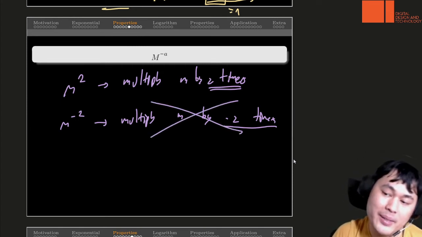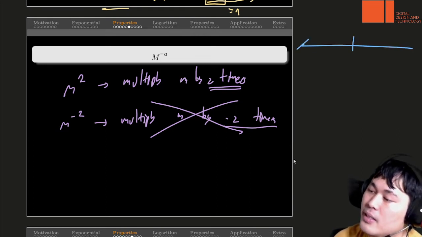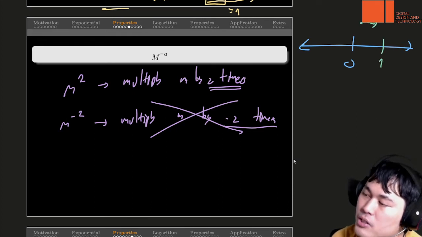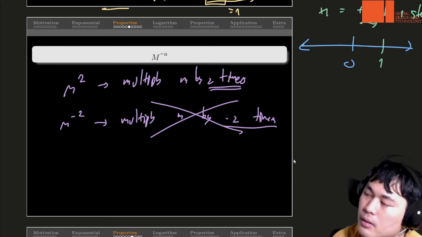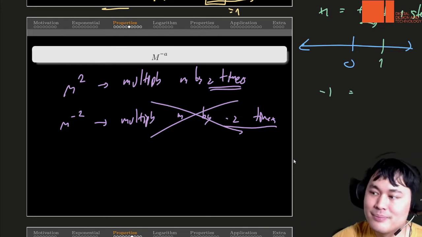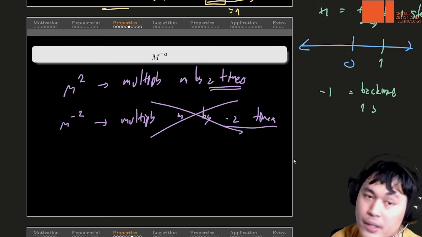But another way to interpret that is to think about plus and minus in terms of a real line. Plus 1 means you go forward 1 step. Minus 1 doesn't mean you go forward minus 1 step, but it means you go backward 1 step.